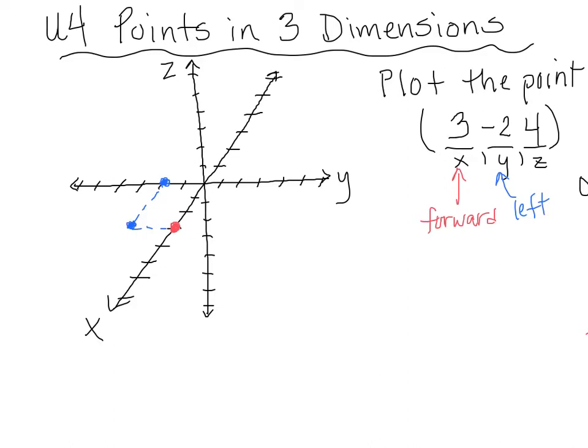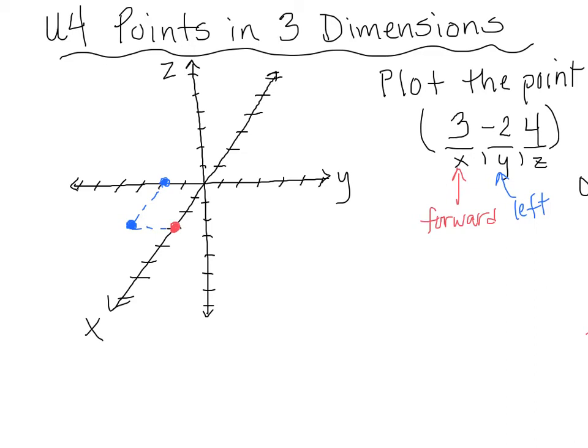So 3 units forward and then 2 units to the left would give me this corner point here.